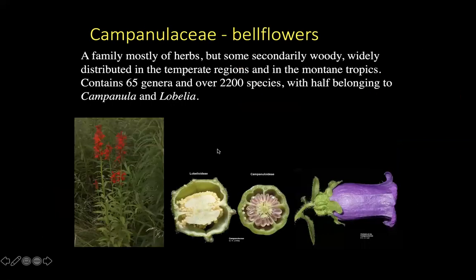Okay, two families we're covering in the Asterales, Campanulids, and then the big one, Asteraceae. Campanulids is absolutely beautiful. The bellflower group, mostly herbaceous, but some are woody, mostly in the temperates as well as the tropical montane regions. And there are really exciting evolutionary stories of this group in the Andes as well as in Central America.